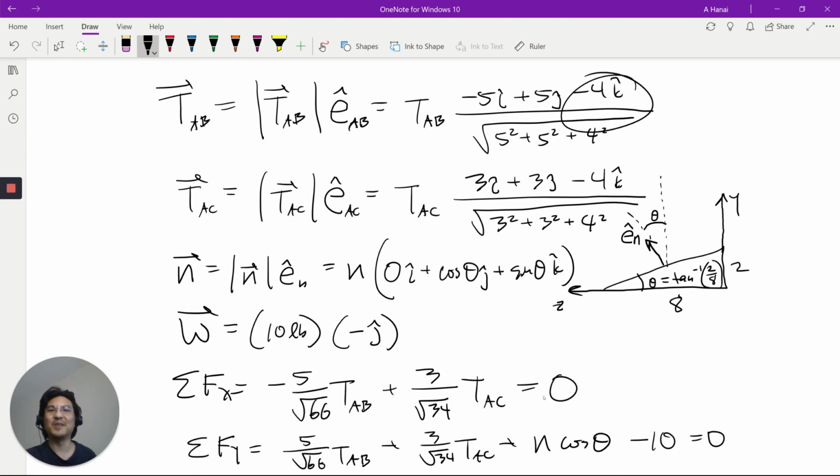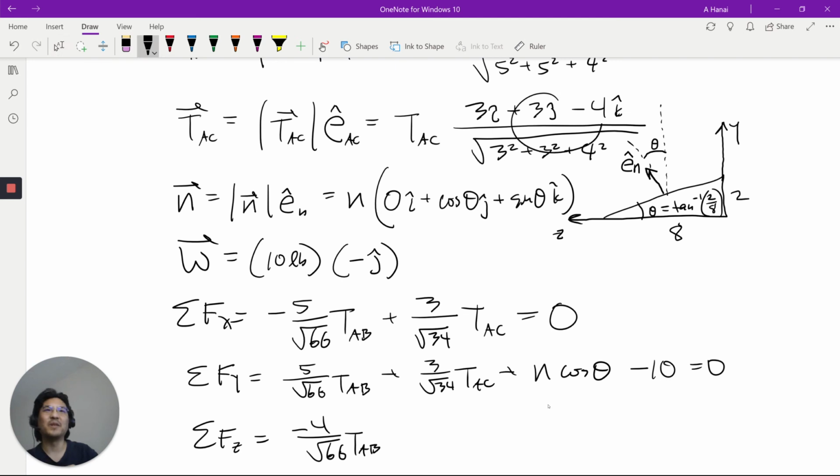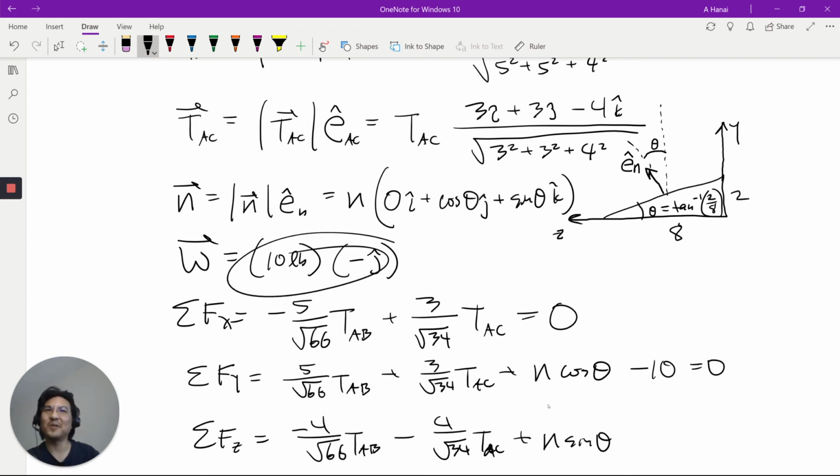Z component of that. The z component of this. The z component of this. And the z component of this, which is 0. And there we go.